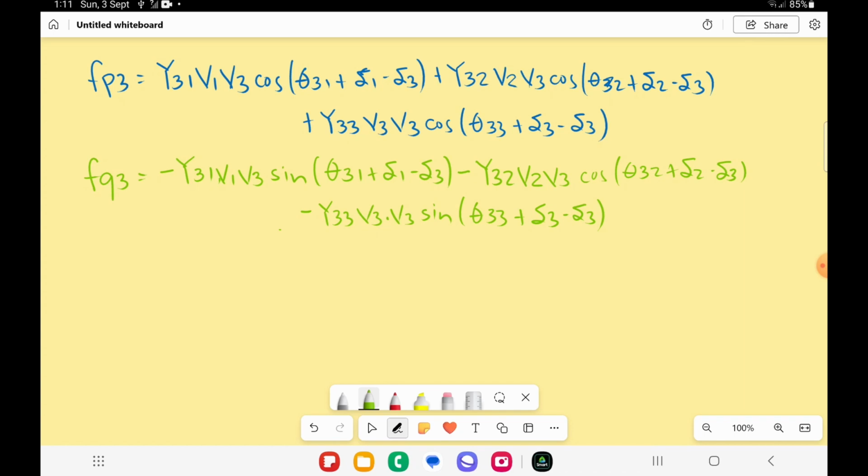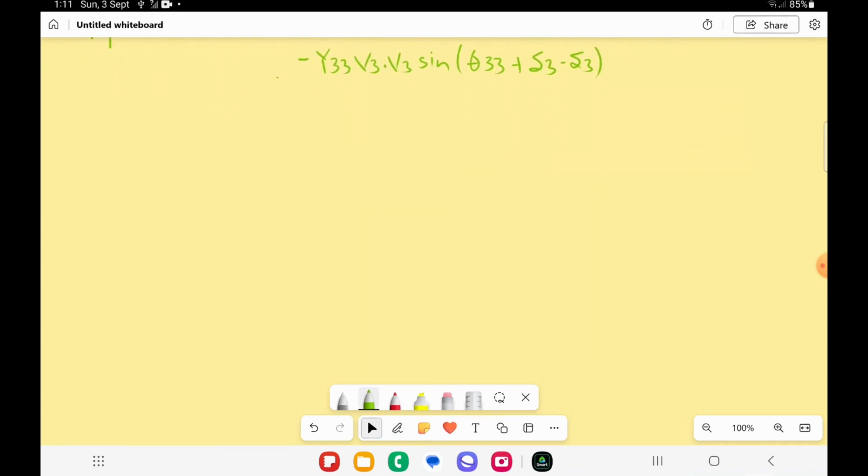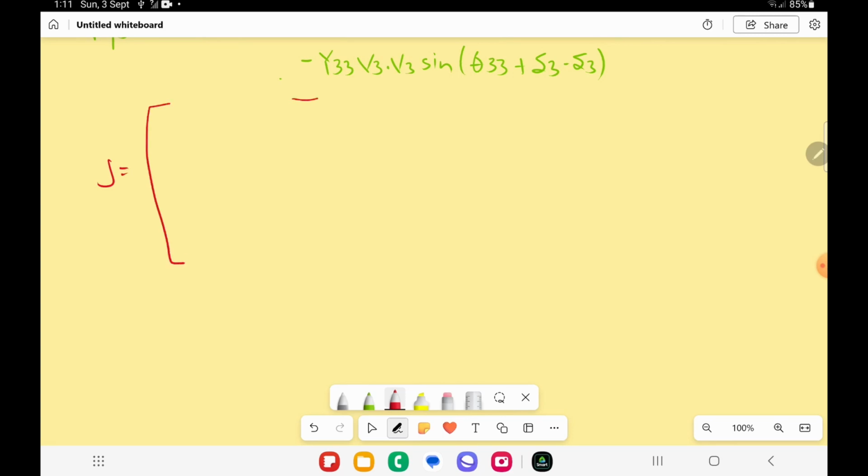Now the next thing we will write is the Jacobian matrix. Our Jacobian matrix is also a 3 by 3 matrix. So J is equal to this 3 by 3 matrix.